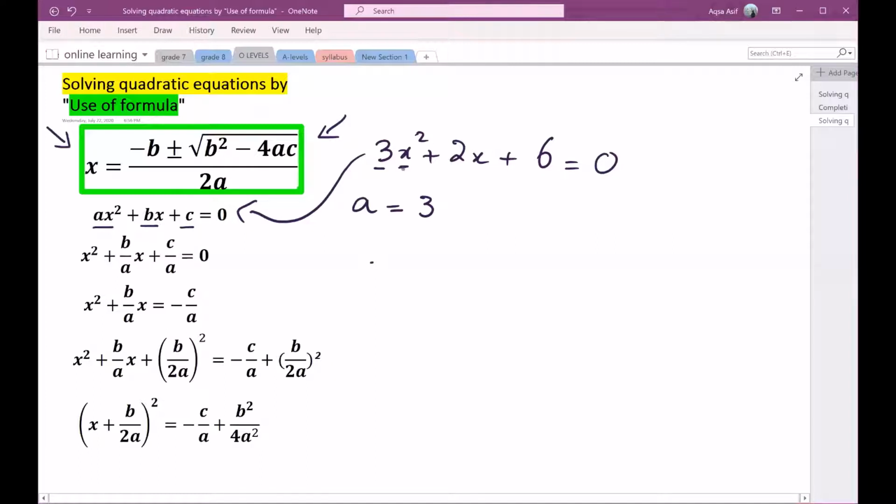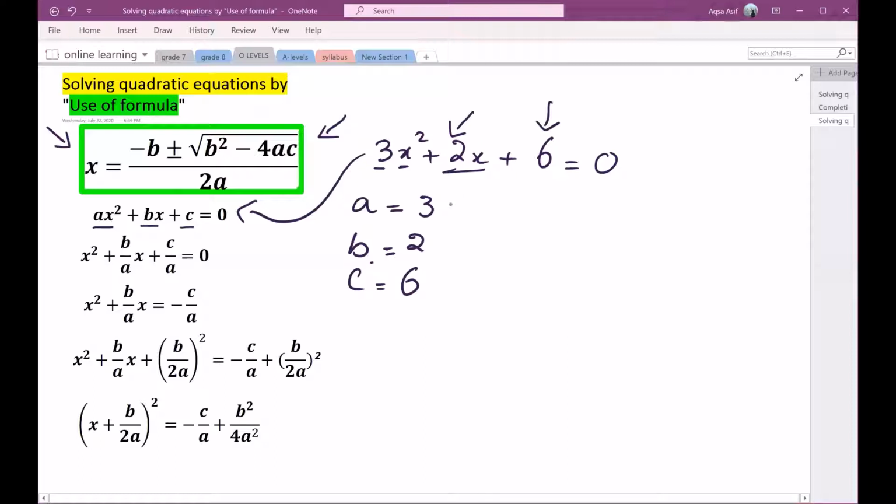So b will be the coefficient of x, and c will be the constant number.